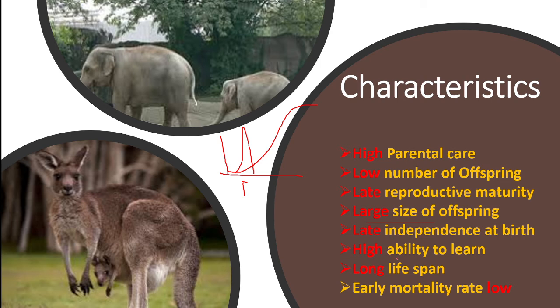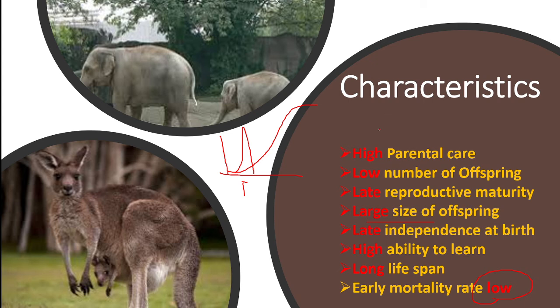They have high ability to learn, long lifespan, and early mortality rate is low. This is again opposite to the earlier one where we had seen that early mortality rate was high. These are the occasional breeders. That is, they don't breed very quickly.